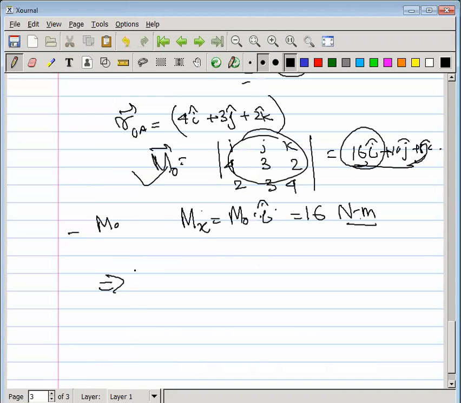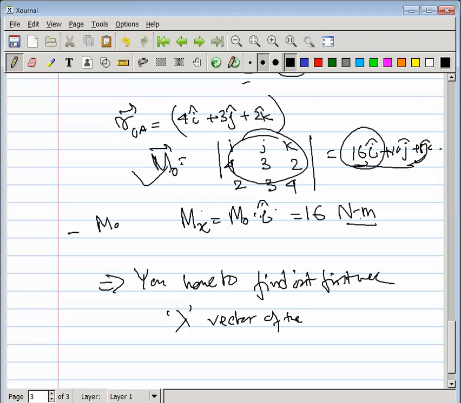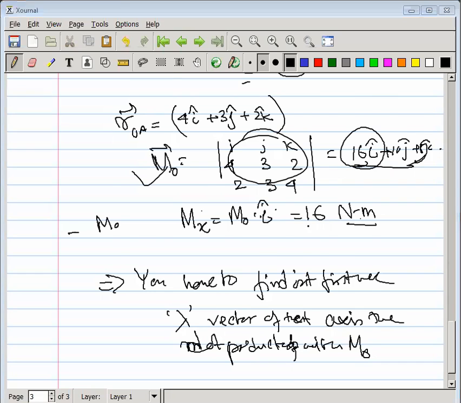First remember, you have to find the unit vector, which we can define as lambda, the unit vector of that axis, and then take the dot product with M with respect to the origin. In that way we can find the moment with respect to any arbitrary axis.